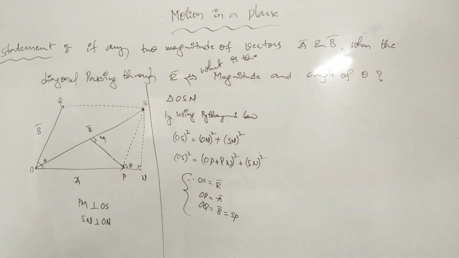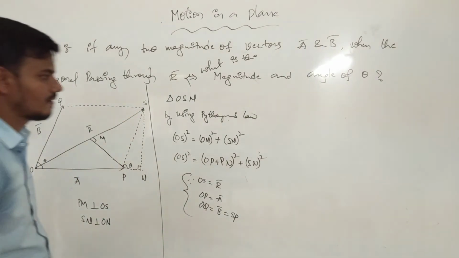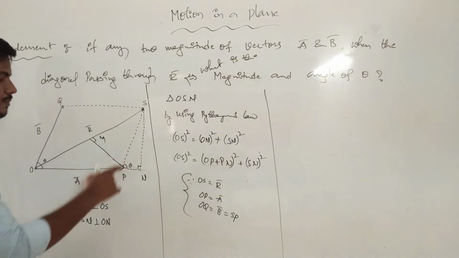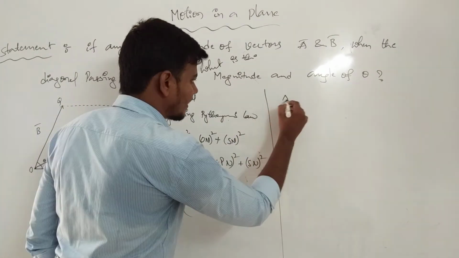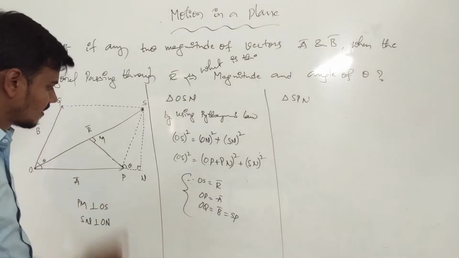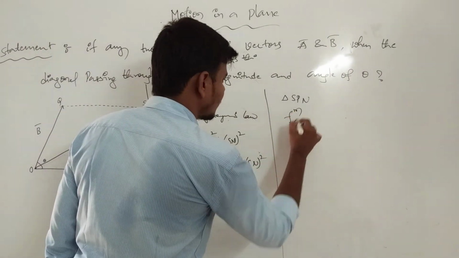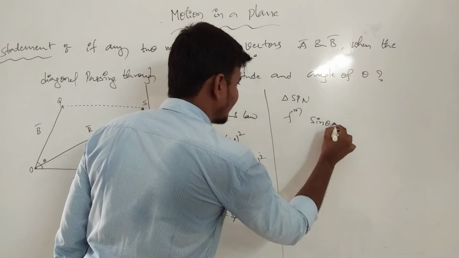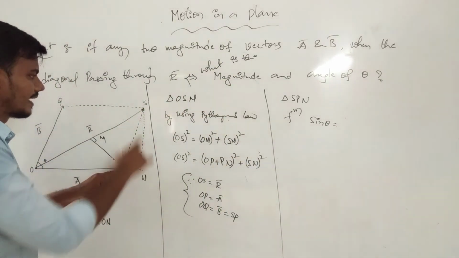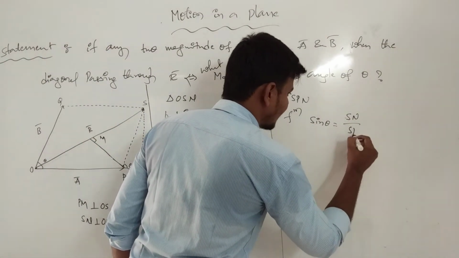Okay. Now we can introduce PN and SN also. We are choosing another triangle, with theta representing angle SPN. In this triangle SPN, sin theta is equal to opposite by hypotenuse, that is SN by SP.